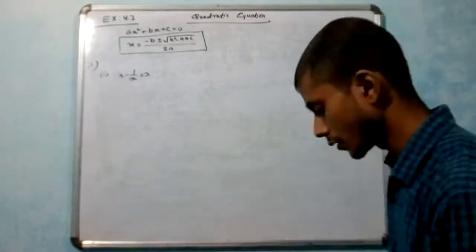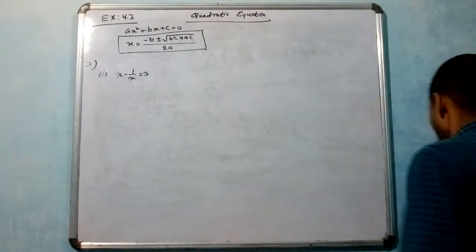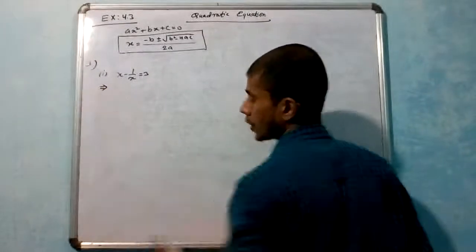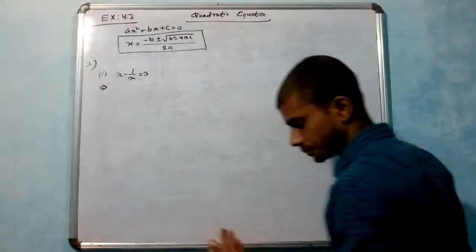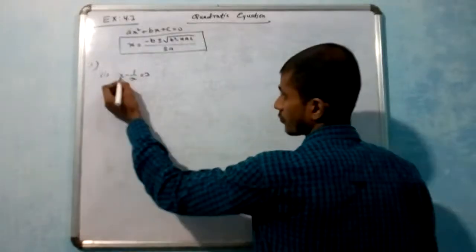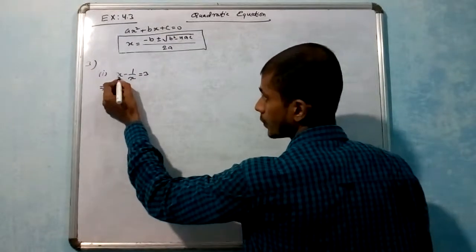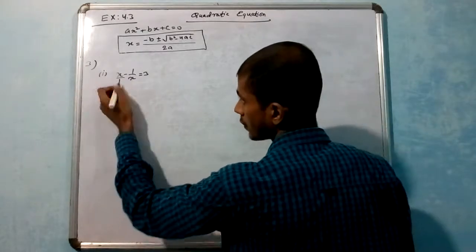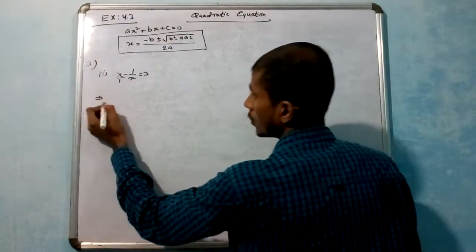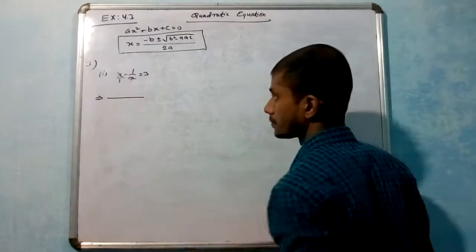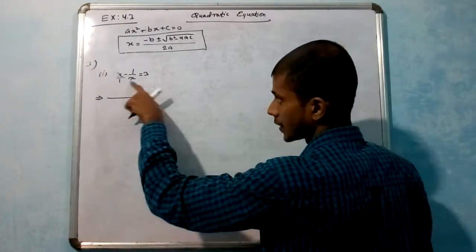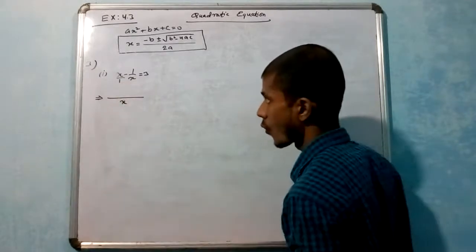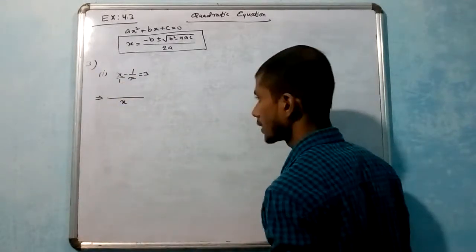Now how to simplify it further? We can take the LCM. The LCM of the denominators 1 and x is x.